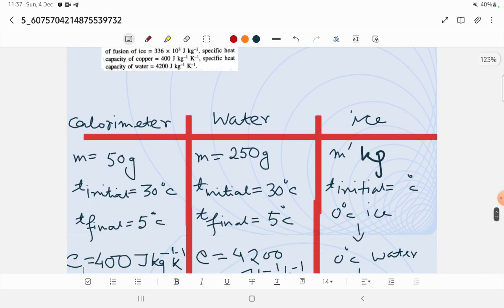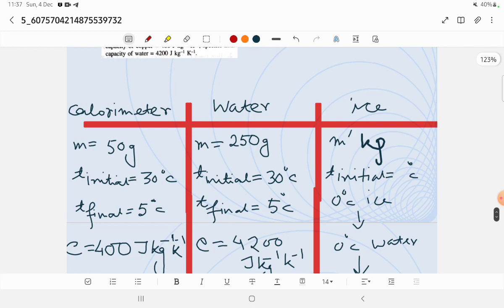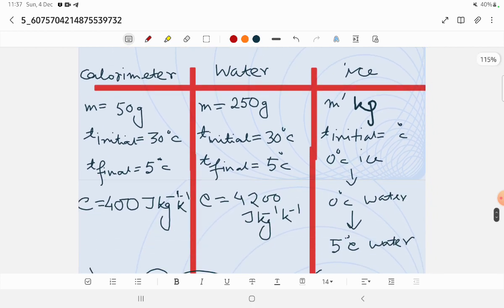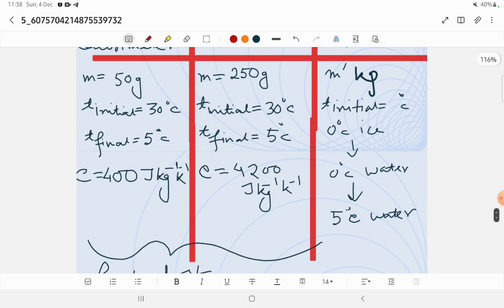Let the mass of ice be m dash kg, because it is given in kg, all the specific heat capacities and all. So I will convert the given mass in kg, that is 50 gram in kg, 250 gram in kg. That is why I have initially taken the mass of ice in kg. Okay.